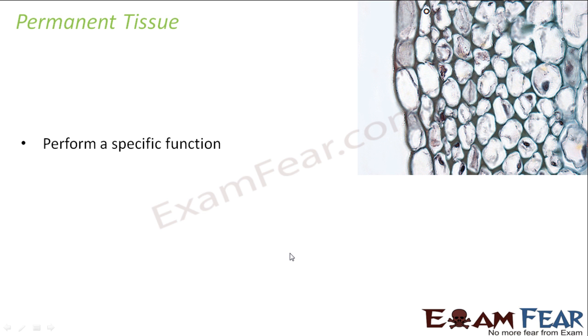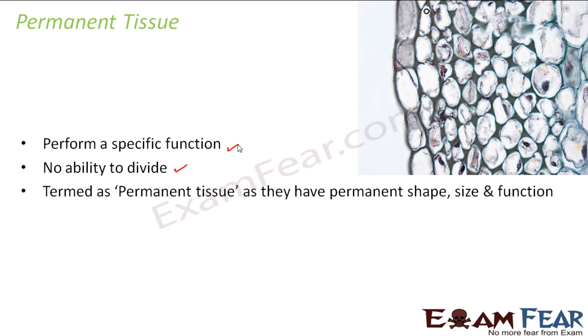But still they are present. That means they also perform some specific function. These permanent tissues have a very specific function to perform. No ability to divide is the most important thing which distinguishes these tissues from meristematic tissues. They are termed permanent tissue as they have permanent shape, size and function, which is very important.